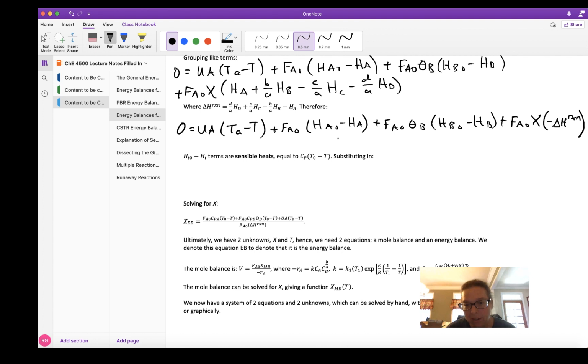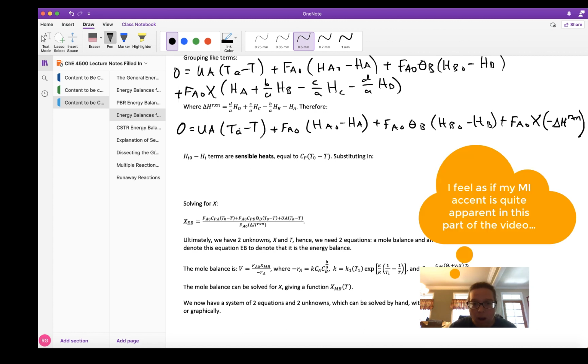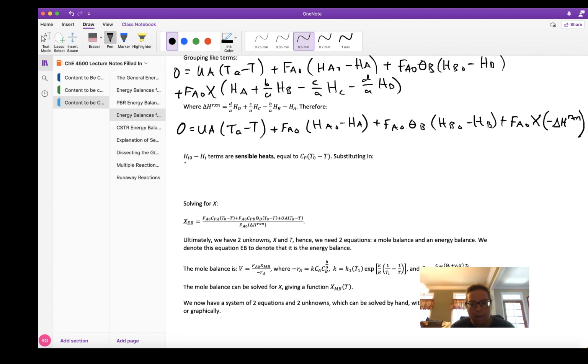So now we're getting to a formula that we're almost ready to solve. We should know these inlet values. For example, if we know the inlet temperature, that means that we also know the inlet enthalpies, which means that we're getting down to an equation with two unknowns, temperature and conversion. Before we do that, though, we have to make some substitutions. For example, these terms, HIO minus HI, such as we have here and here, those are sensible heat.